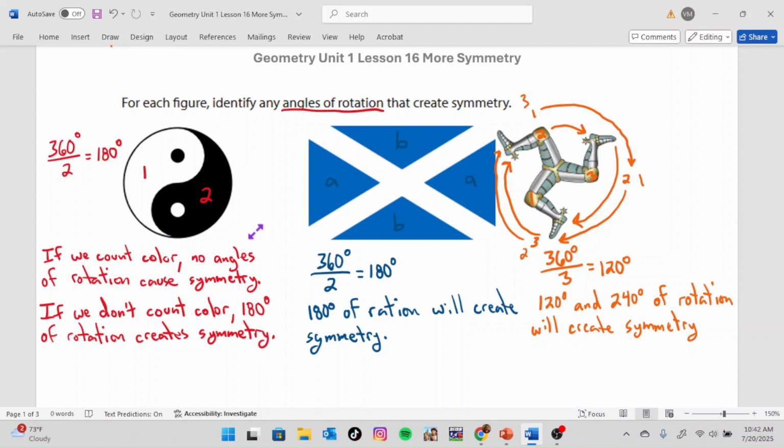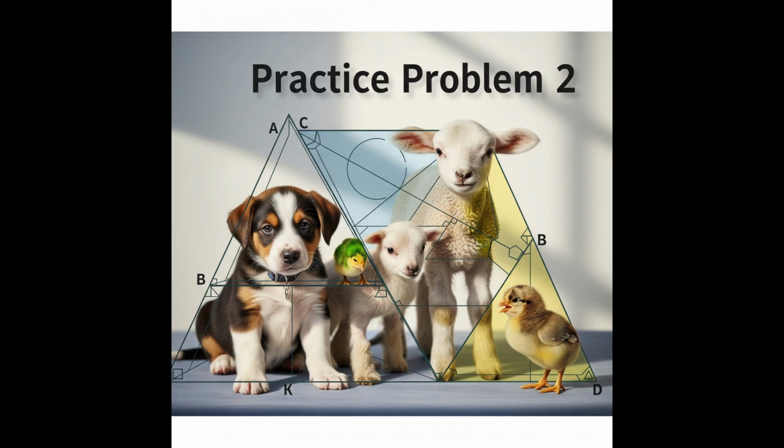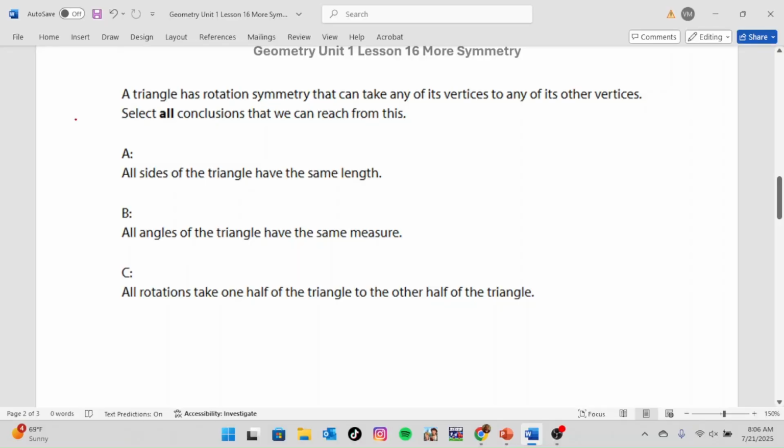Now let's go and take a look at practice problem number 2. A triangle has rotation symmetry that can take it to any of its vertices, to any of its other vertices.